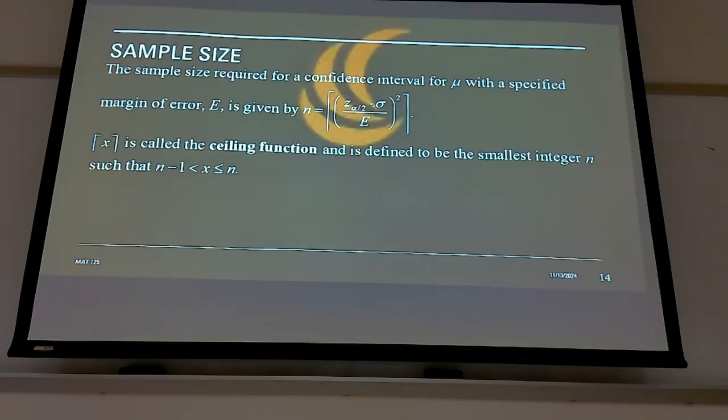Let's say you calculate that value and get 101.0126. Then your sample size will be 102, because it rounded up to the nearest integer.